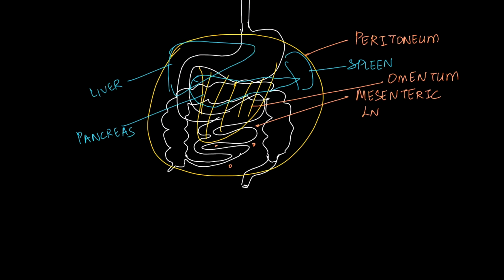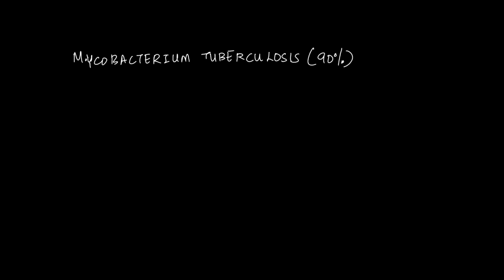So next, moving on to the causative agents. In a majority of the cases, it is Mycobacterium tuberculosis, that is in approximately 90% of the cases, with Mycobacterium bovis causing the rest, which has largely been eliminated.